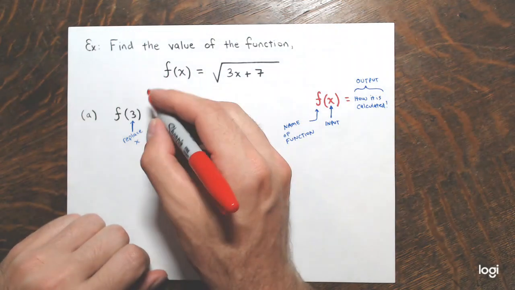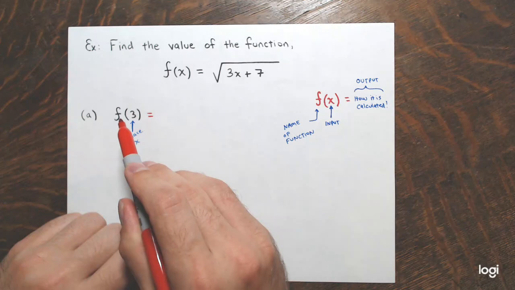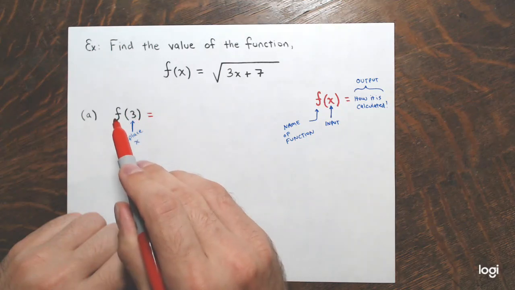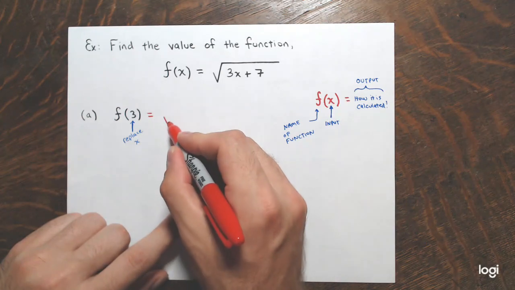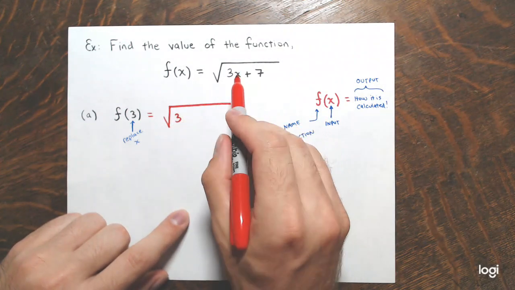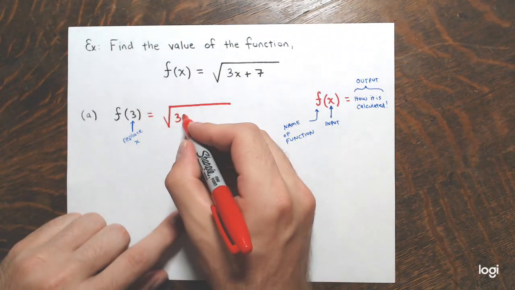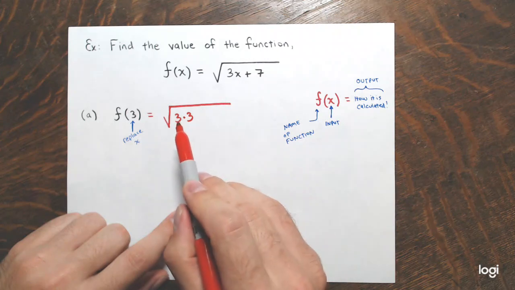So I go through the rules for this function. I go through this equation up here and say f of 3, the value of this function at 3, or the output of f at 3, is equal to the square root of 3 times the x, but that x is 3. So instead of 3 times x, it is 3 times 3.